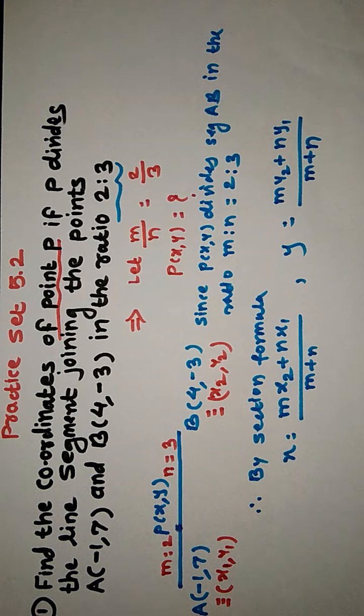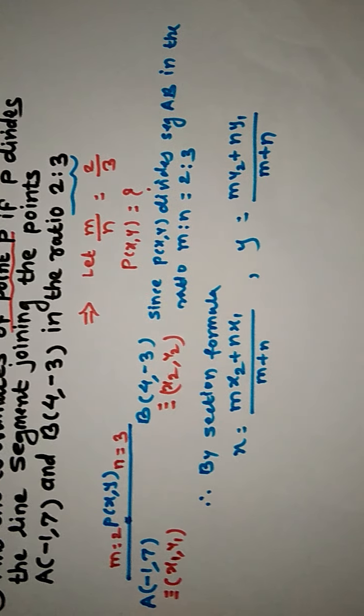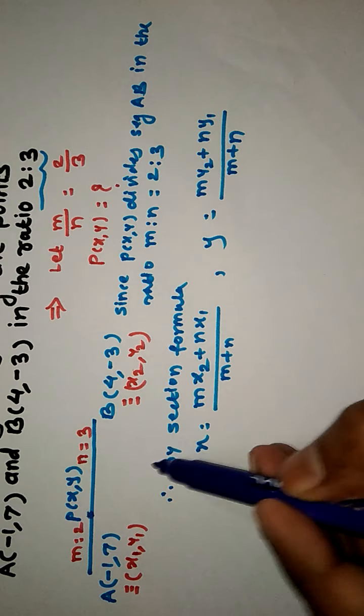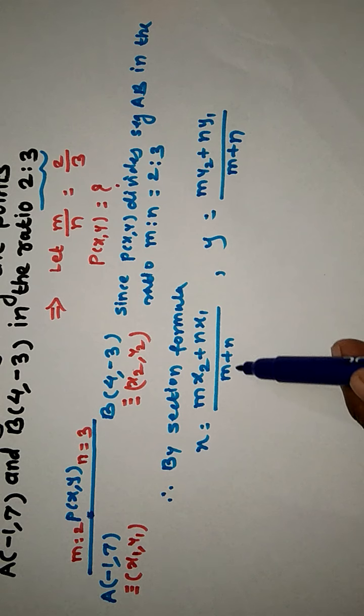First write down the section formula. Then substitute the values from the figure: m, x2, n, x1.